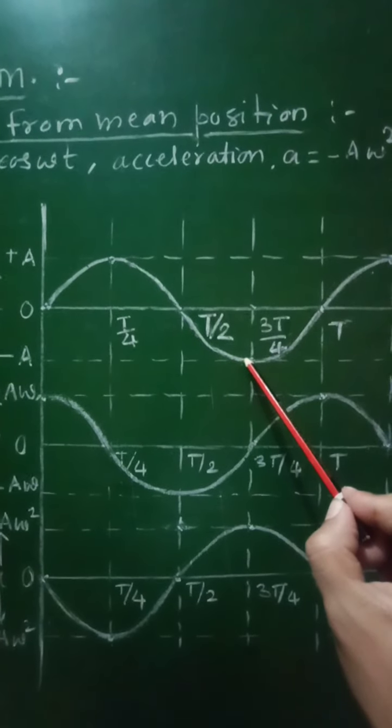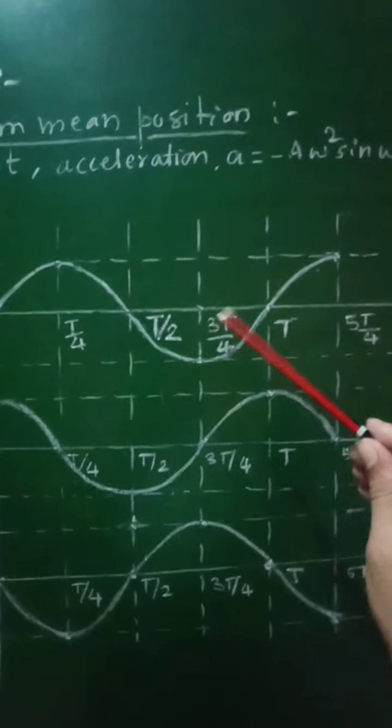by 4. Now from the values of displacement we have got, at t is equal to 0, x equal to 0. At t equal to T by 4, x is equal to a. At t is equal to T by 2, x is equal to again 0. For t is equal to 3T by 4, x is equal to minus a.